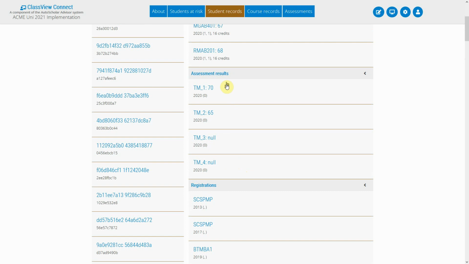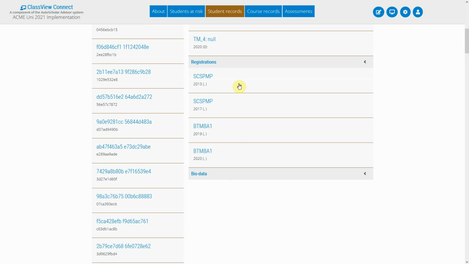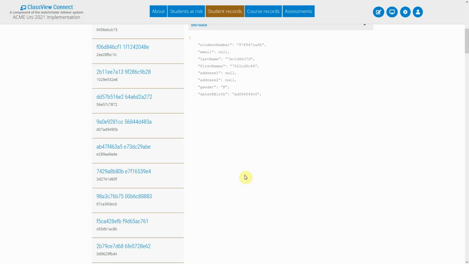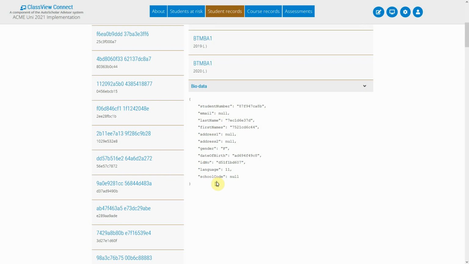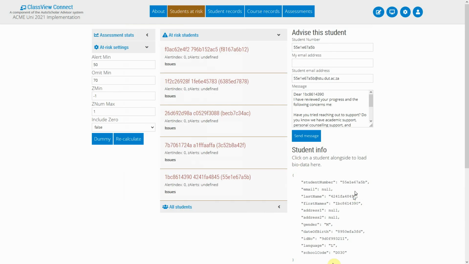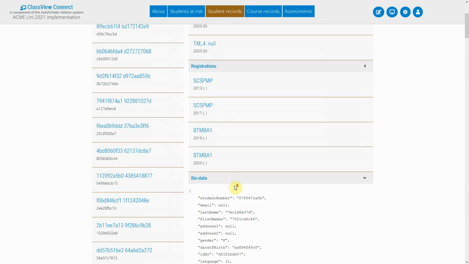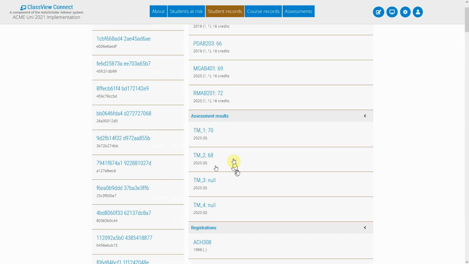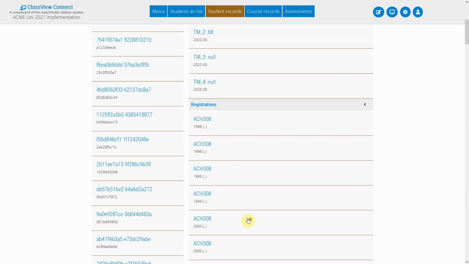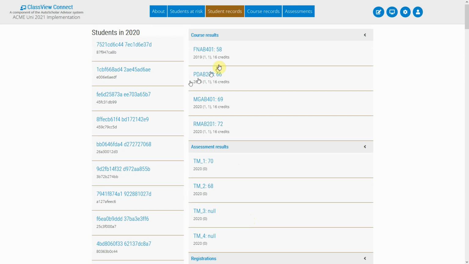And then in the current course, these are the assessment results, 70, 65, and so on. And then these are the academic programs the student has registered for previously. Here under biodata, it's the same information that we can also see under students at risk. So anyway, we can review on a student basis the various results and performances.